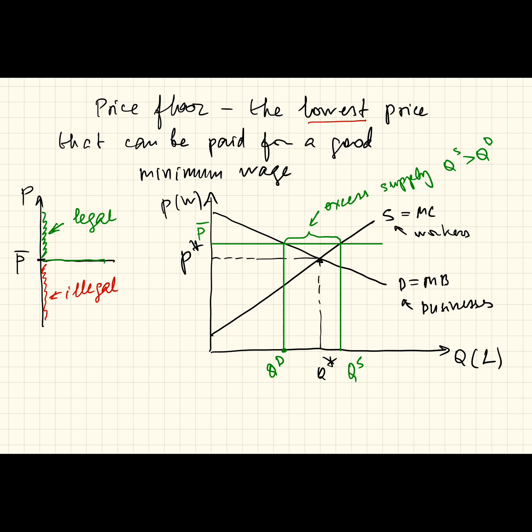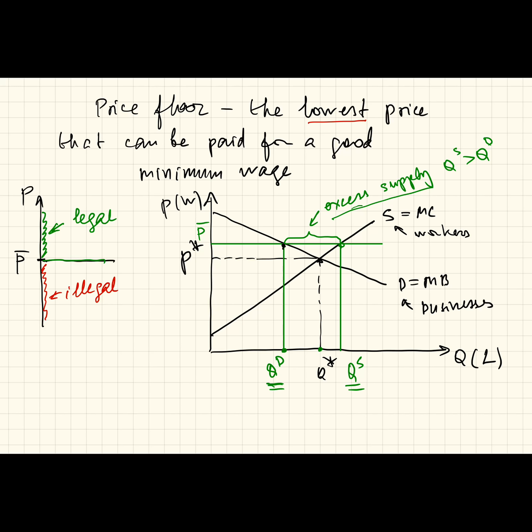Now, as price is pushed up artificially high, it means that businesses now want to buy less of it, less labor. So that's why quantity demanded drops. And workers are encouraged by higher wages, so more people are interested in getting this kind of job, so quantity supplied increases. And that results in this excess supply.